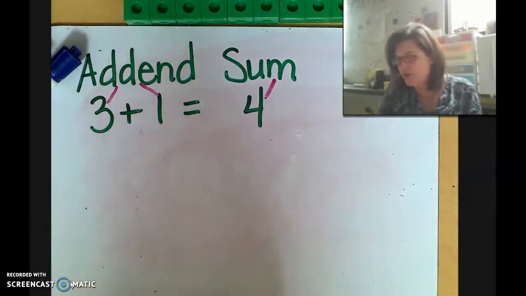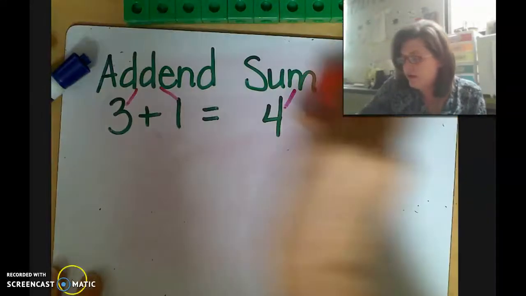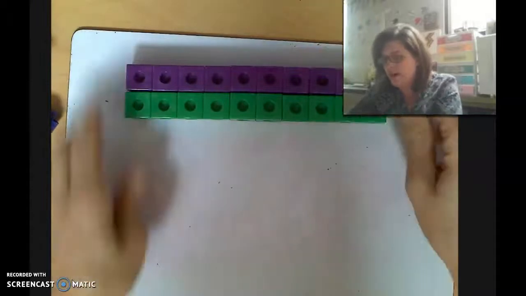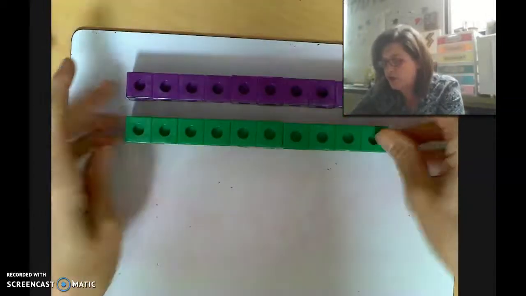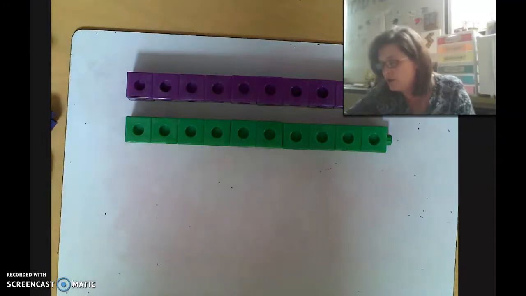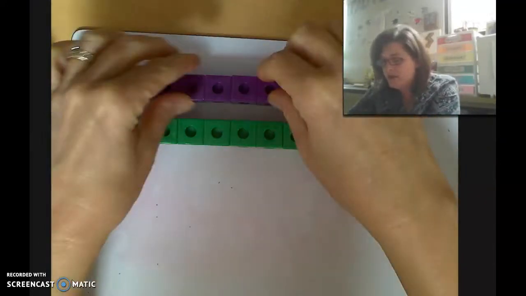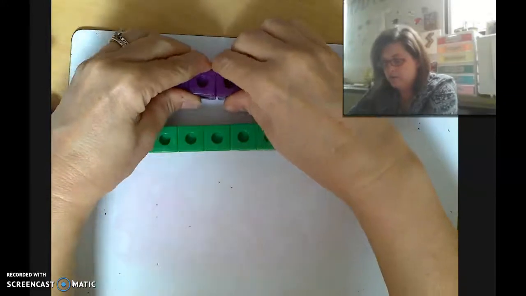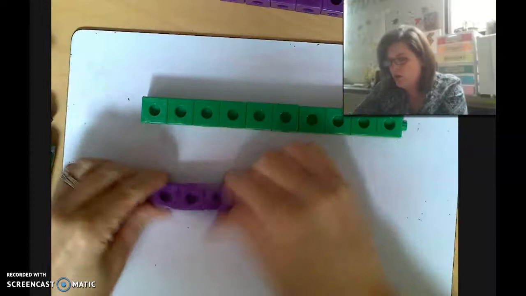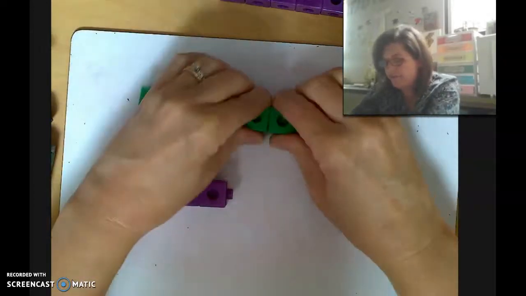Okay, so we are going to use our counters today, guys, or my cubes, and we're going to make trains. So use the ones that you have, and it doesn't matter what colors yours are. You're just going to choose a color. So in one of your colors, would you please make 3? And in your other color, would you show 5?